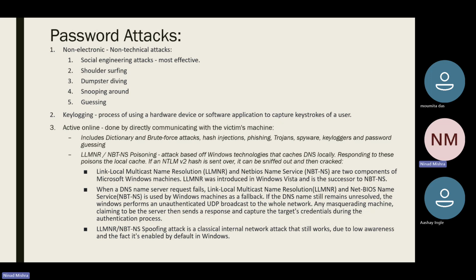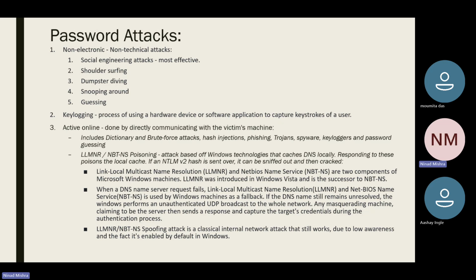Whenever you have sent out a request for the DNS to resolve any IP and host name, and it does not have any record for that, these two services will help the DNS to broadcast it all over the network.